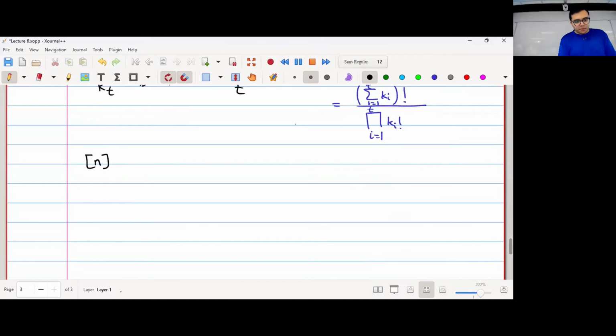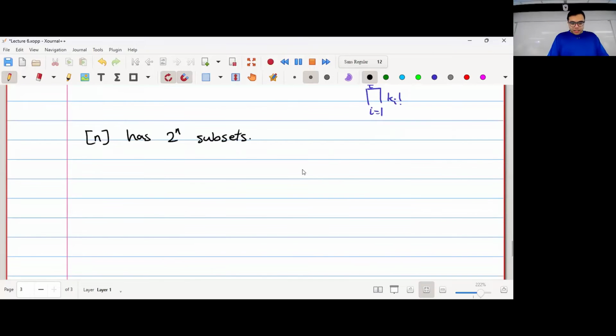I want to see how many subsets it has, and I claim that it has 2 to the power of n subsets. Now, we've seen an inductive proof of this before, but let's find a different proof.